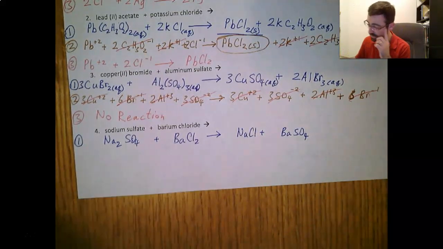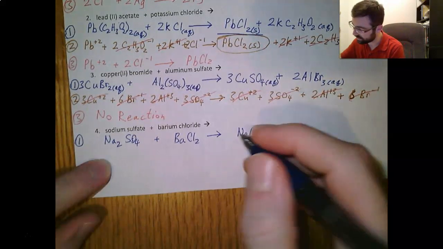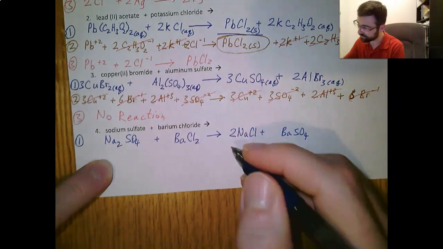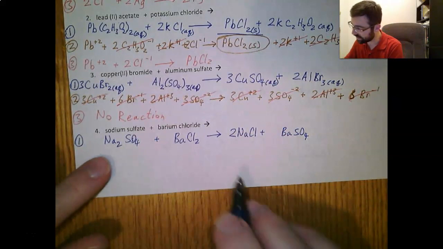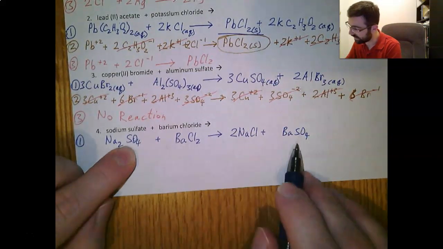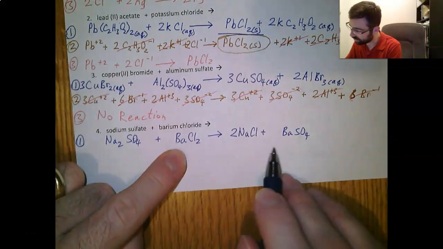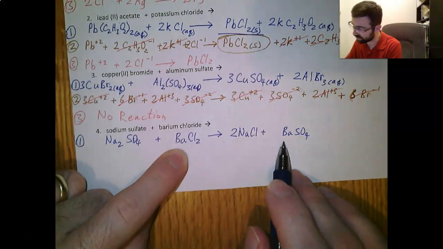All right, let's check. We want to have 2 of these. Okay, 2 sodium, 1 sulfate, got 1 barium, I've got 2 chlorides.